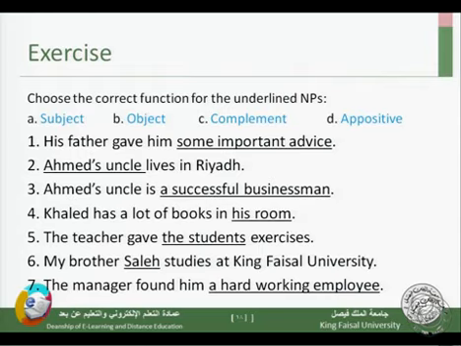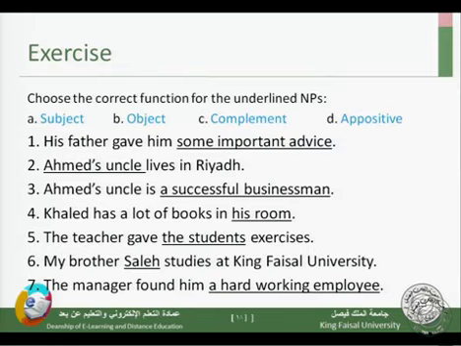C, complement. Whether it is the complement of subject plus be or the complement of an object, as we discussed previously, you just choose C if it is a complement. And finally D, the appositive. So two nouns that come after each other and refer to the same person.